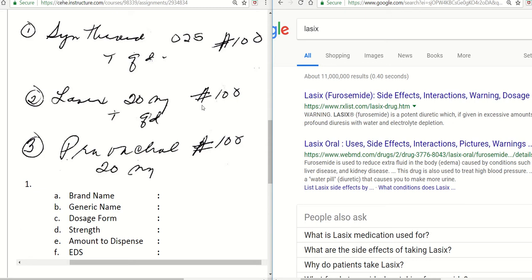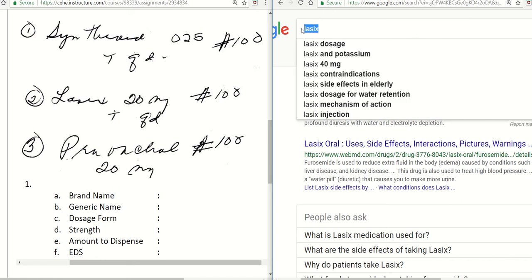We're gonna give them 100 again. And guess what? The same SIG, 1 QD. So make sure you give all 6 elements. Take 1 tablet by mouth every day. Same EDS. If we gave them 100, they take 1 every day, then EDS would be 100 as well. 20 milligrams for Lasix.